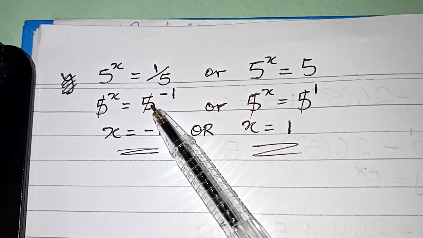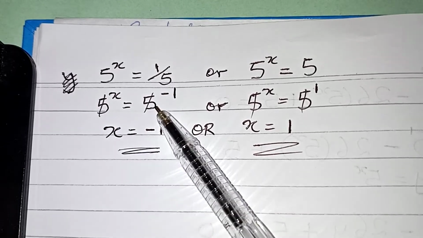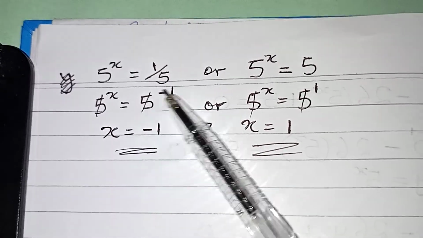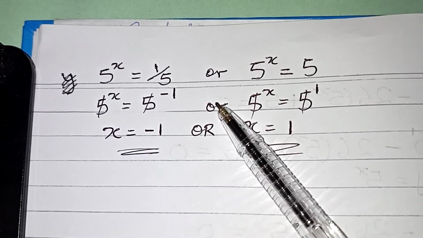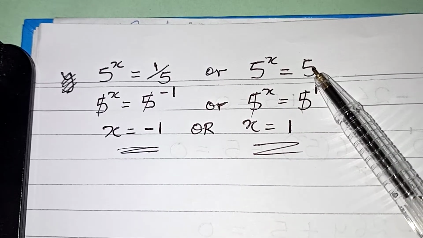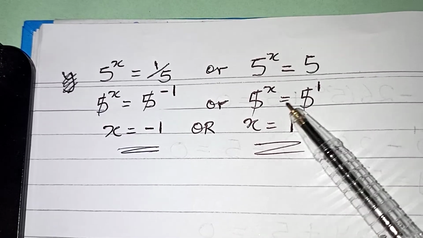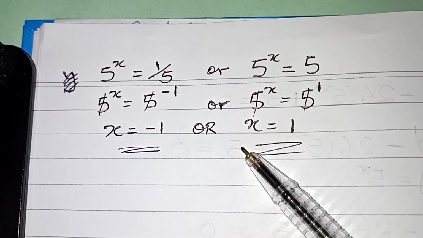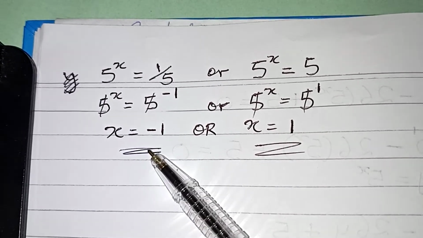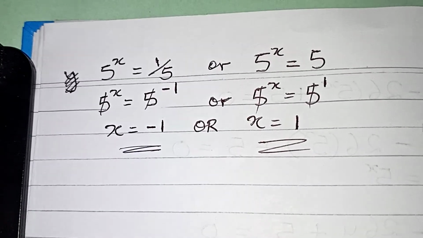If we want to express this 5 raised to power minus 1, we can also express it like this. We are doing this so we can work with powers of x. This 5 raised to power 1 is that same 5. So 5 cancels out when we give the expression like this, and x is equal to 1. So x is either minus 1 or 1. This is the final answer.